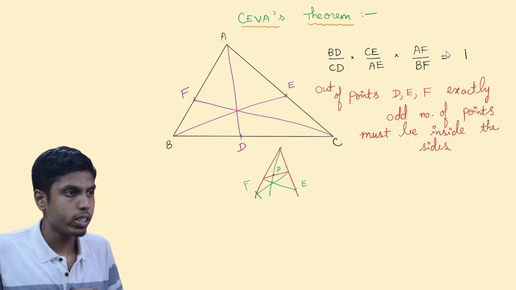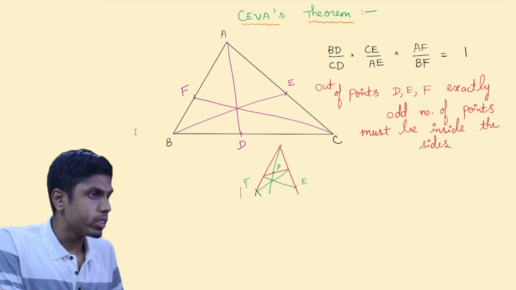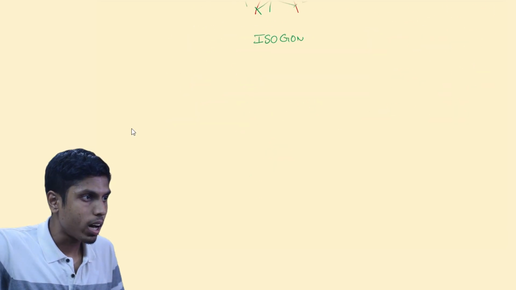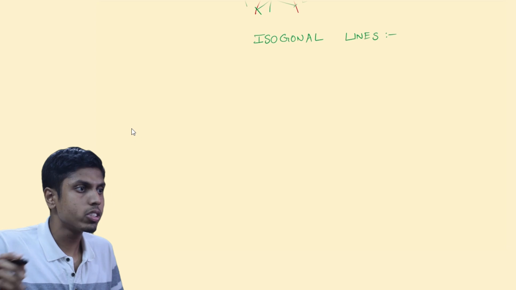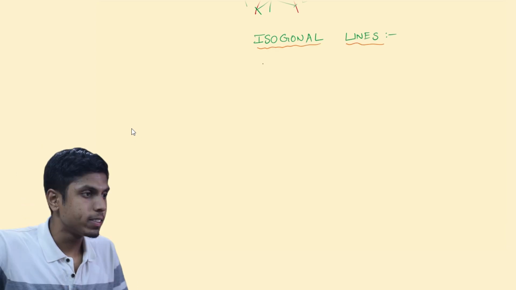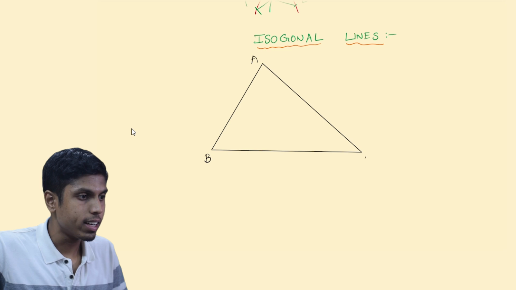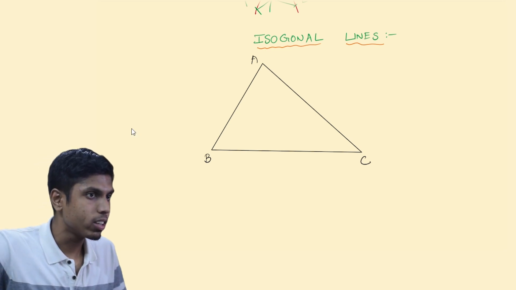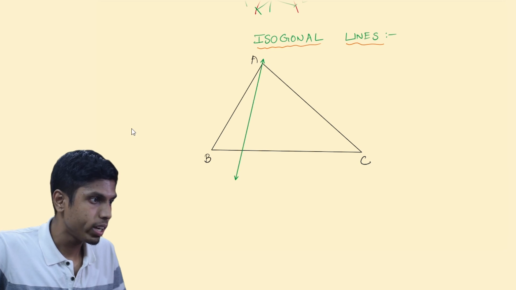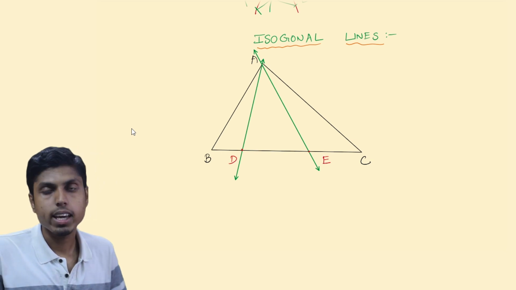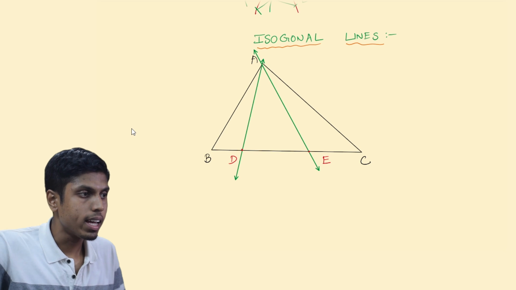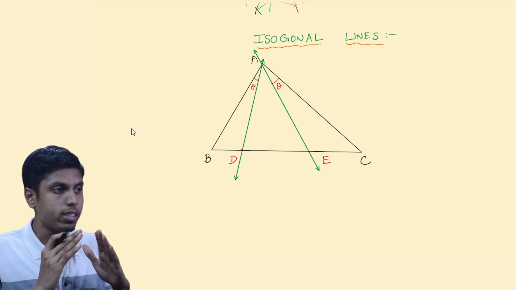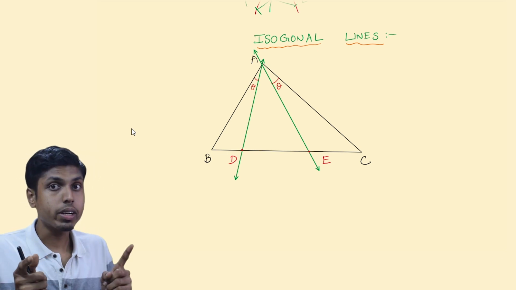Let's get back to our idea of isogonal conjugates. There are lines passing through a vertex of the triangle which can be called isogonal lines. So consider this triangle ABC and we need to take 2 lines through a vertex. Let's take A for now. So that has to pass through A and intersect the opposite side at, let's say, the points D and E. We call the lines AD and AE isogonal if the angles made by them with the sides AB and AC are respectively equal.